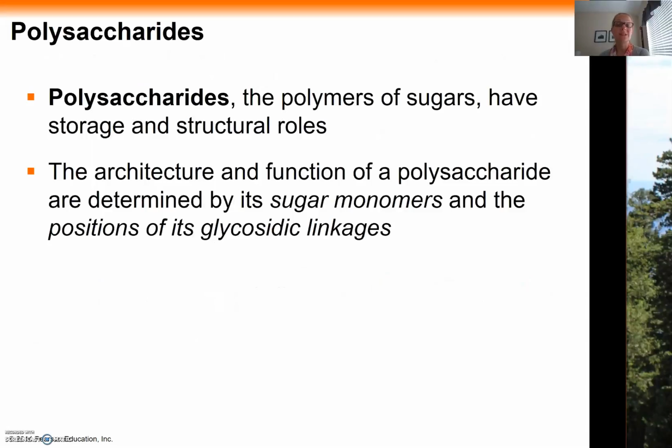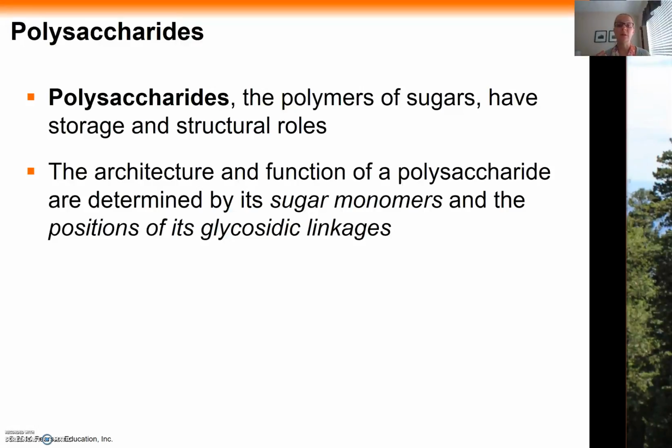Okay, we don't have to just stop at disaccharides. We could also continue on to polysaccharides as well. For polysaccharides, we're essentially taking multiple monomers or multiple monosaccharides of the carbohydrates and stringing them all together. Now, polysaccharides can have 2 different kinds of roles. They can either have a structural role or they can have a storage role.